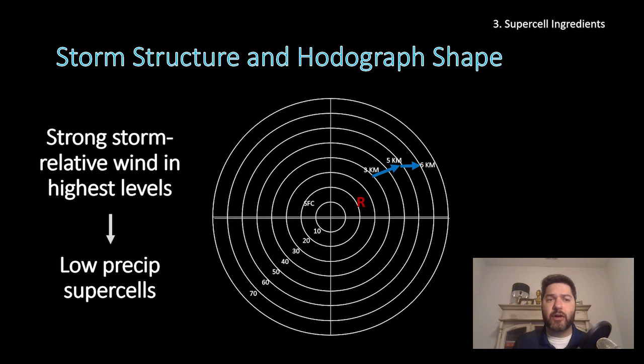So if you have strong storm relative wind in the highest levels, that would actually lead to classic, maybe even low precipitation supercells. So that sort of anorexic looking supercell where you can really see the rotation and the updraft, and it's very pretty, very photogenic. That happens in the cases where your storm relative wind is actually fairly strong in the upper part of the hodograph.